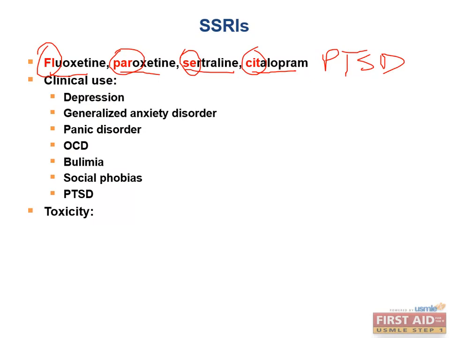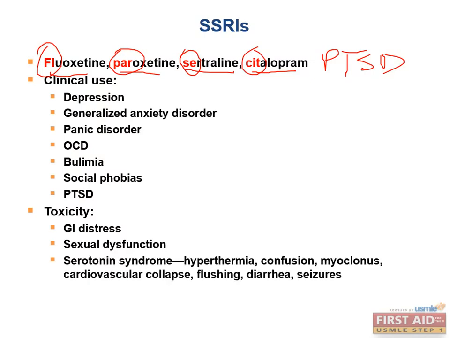In terms of toxicity, SSRIs are considered less toxic than TCAs, the tricyclic antidepressants. But the predominant toxicities to know about are GI distress and sexual dysfunction, which is pretty common and is often a reason patients want to stop taking SSRIs. And a very important side effect to know about is serotonin syndrome.